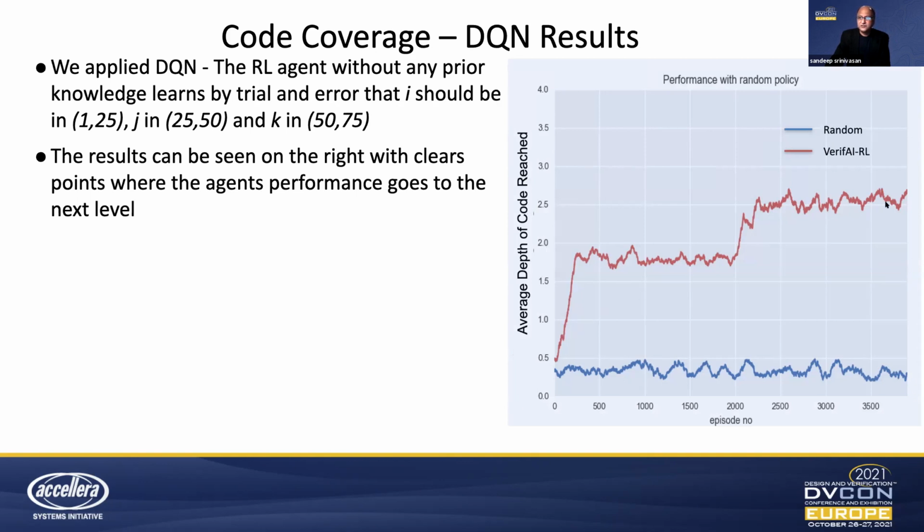And the red line shows the Verifai RL agent that very quickly learns, after 500 episodes, how to produce an average code depth of 1.8 and above. And after 2,000 episodes, it quickly learns how to consistently produce IJK values that lead to an average code depth of 2.5 and above.